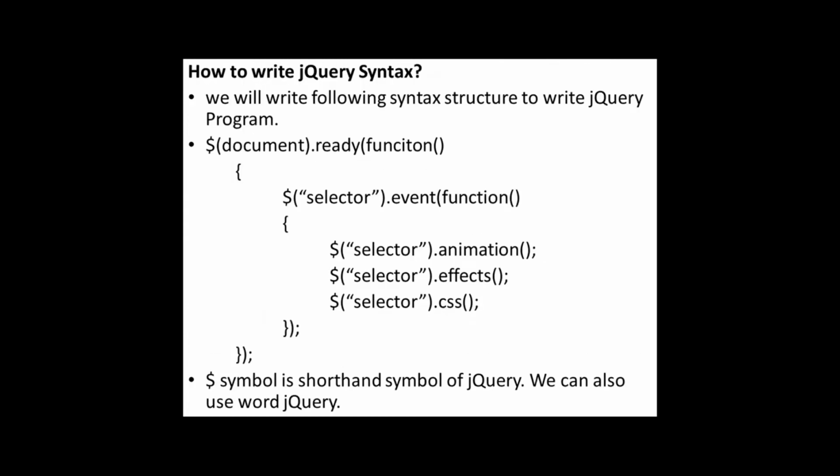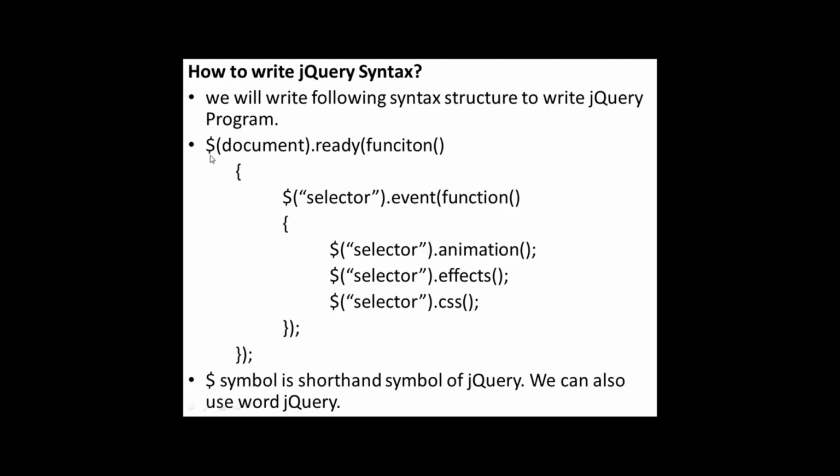Now we will discuss how to write jQuery syntax. We will write the following syntax structure to write a jQuery program. Same as I mentioned here, $(document).ready function. As we discussed in the previous topic, the ready event is compulsory to start jQuery.